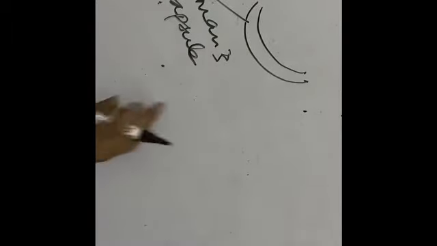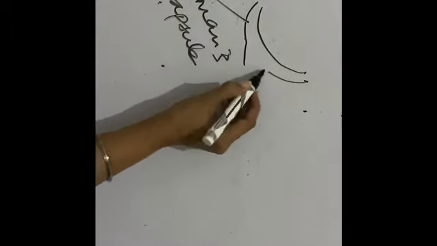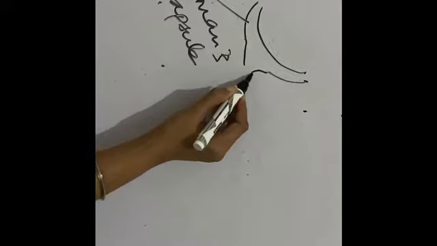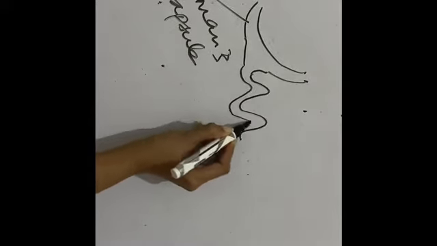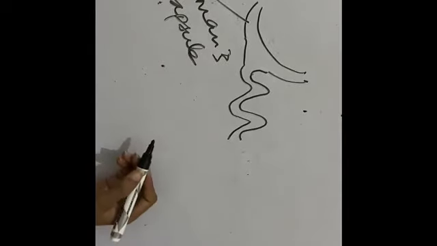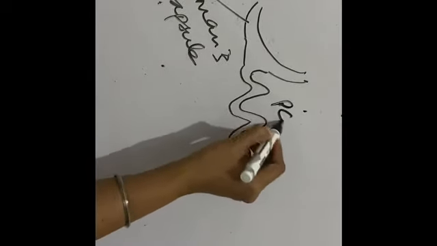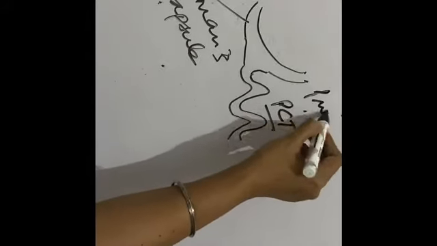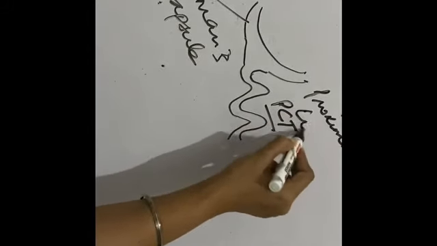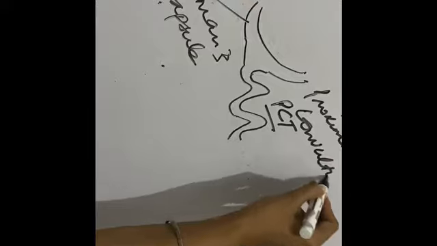This Bowman's capsule further enters into another region, a tubule. This tubule is known as PCT. P stands for proximal and C stands for convoluted. Proximal convoluted tubule is PCT.